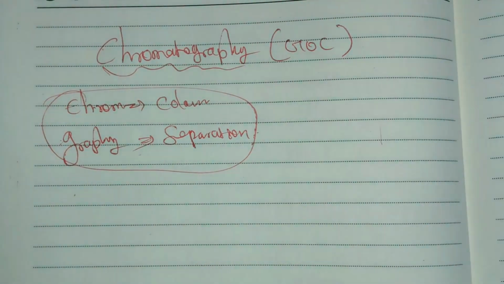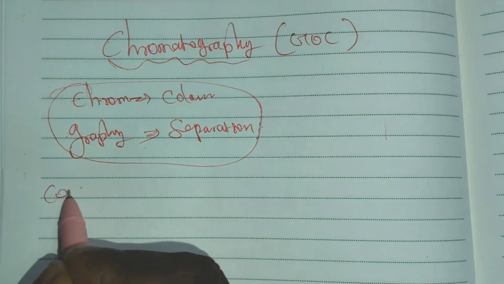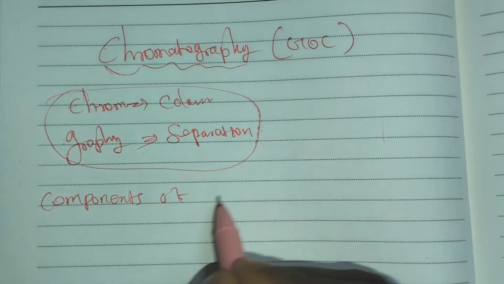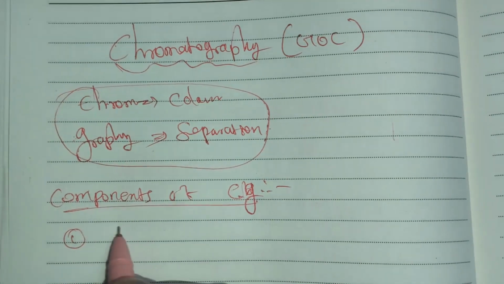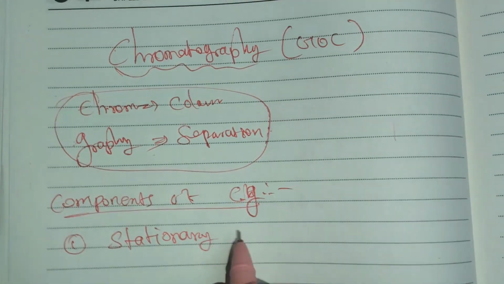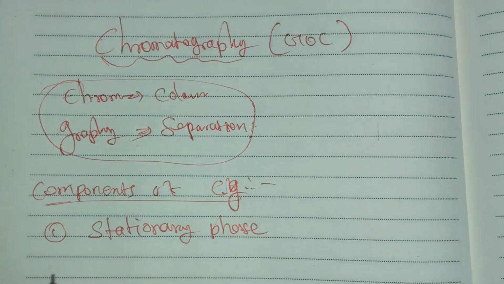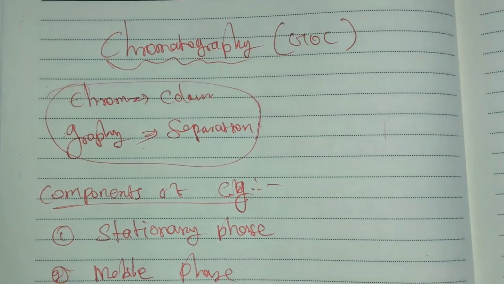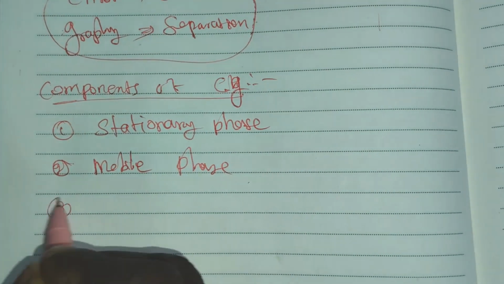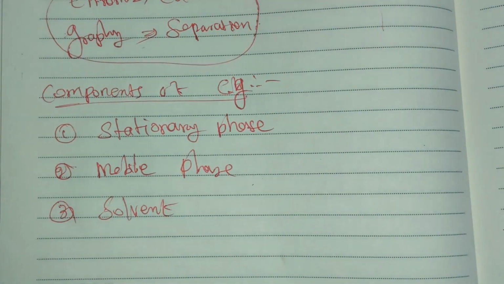So, the components of chromatography: the first one is the stationary phase, the second is the mobile phase, and the third is the solvent.